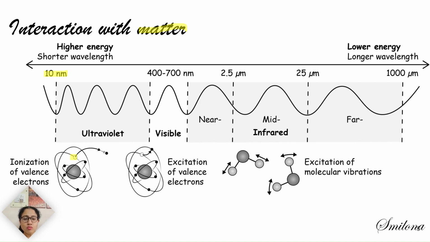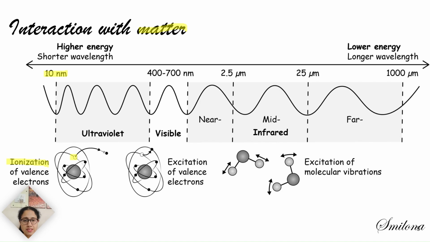The wavelength is so small that it is capable of hitting an electron in the atoms of the material, and it has enough energy to cause the electron to leave the attraction of the nucleus, or the protons, and escape the atom. This will lead to a deficit of an electron, or generation of a positive charge, or what we call ionization.